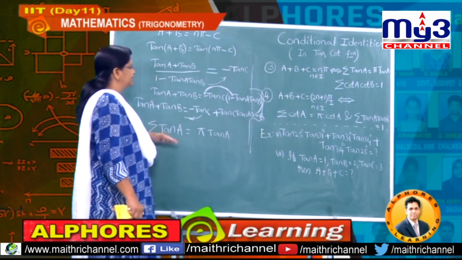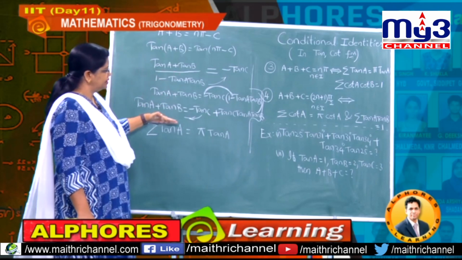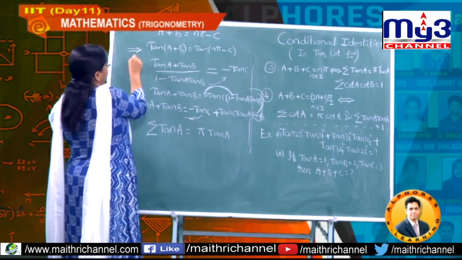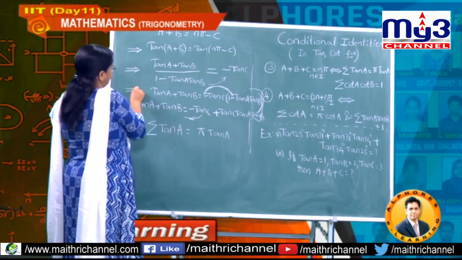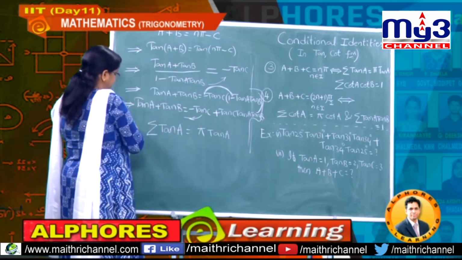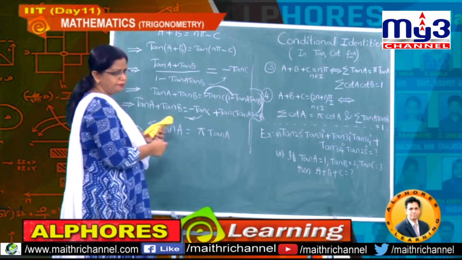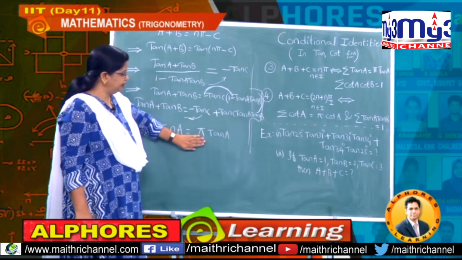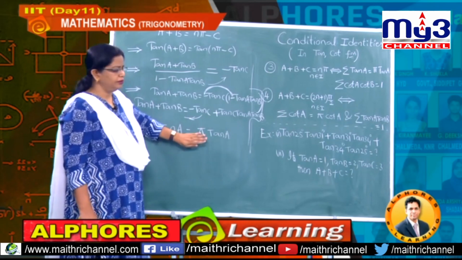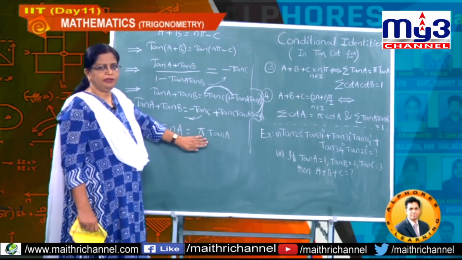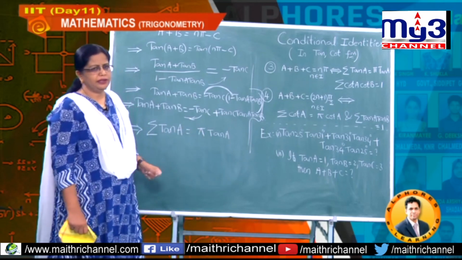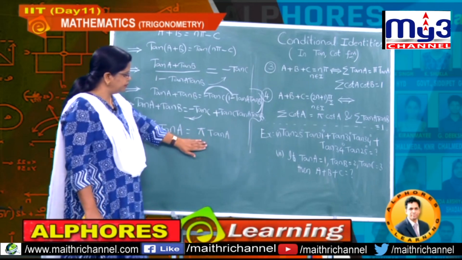So implies we proved now. This is what actually implies. Implied by means it comes from the last step, okay. So this is the given condition. Under this condition, you can prove that the sum of the 3 angles a plus b plus c is nothing but n pi, understand. So now let us come from the end.